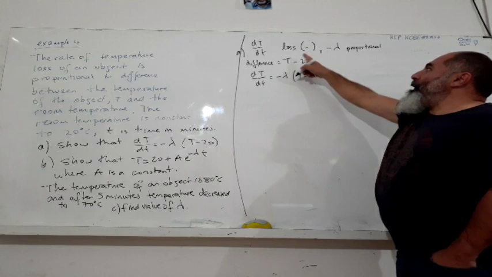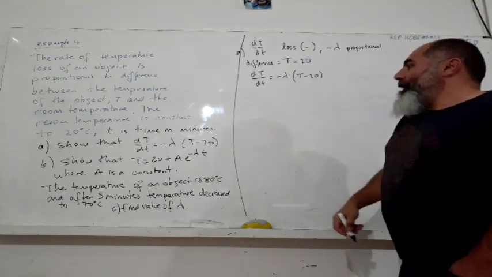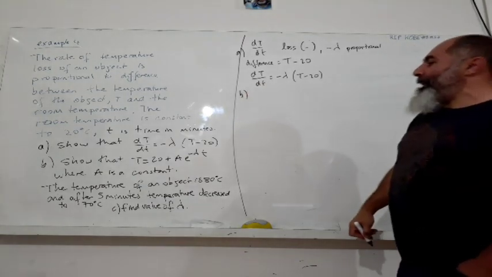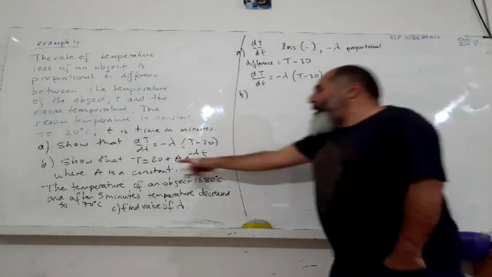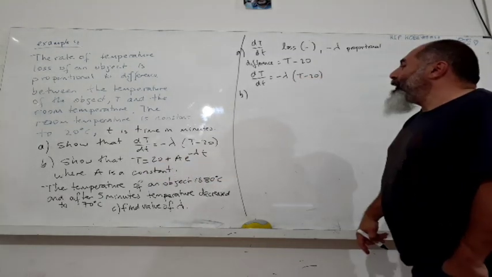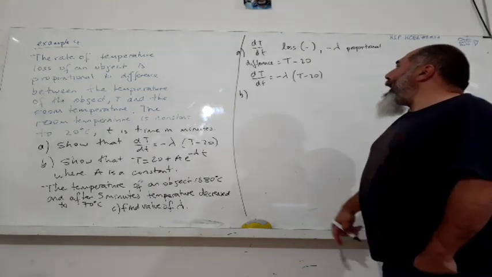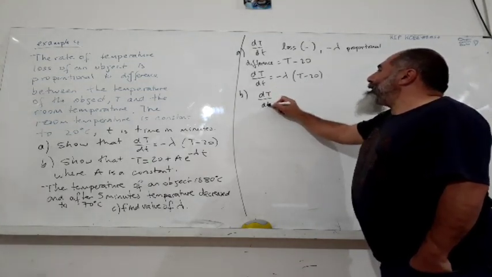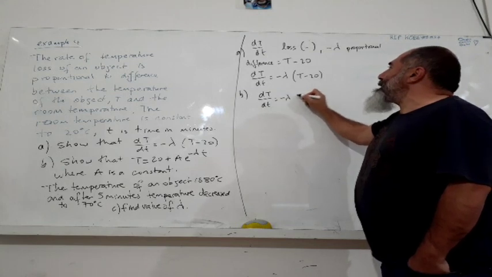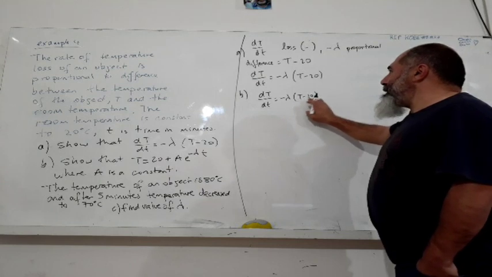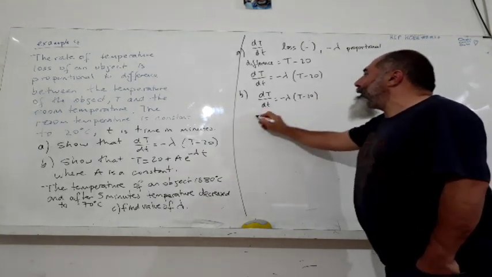Now, to be able to find T in terms of small t, temperature in terms of time, we have to integrate. How? Let's see. We have dT over dt is equal to minus lambda times (T minus 20). Here, I'm going to take T minus 20 there and dt there to separate the differential equation.